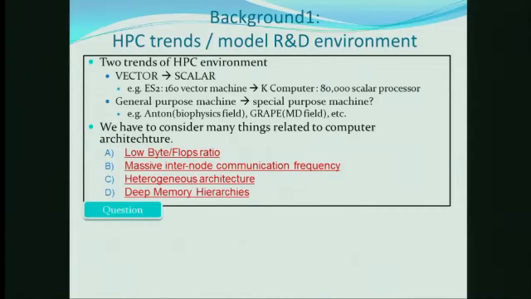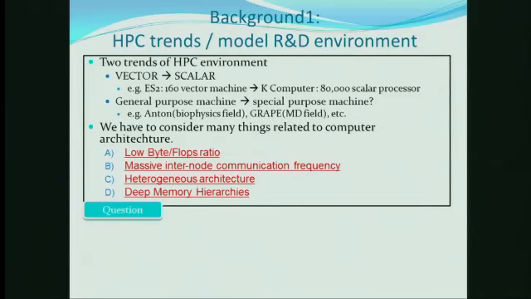The other trend is the possibility of changing from the general purpose machine to a special purpose machine. One good example is Anton in the biophysical field, and also GRAPE, which is used in the molecular dynamics field.